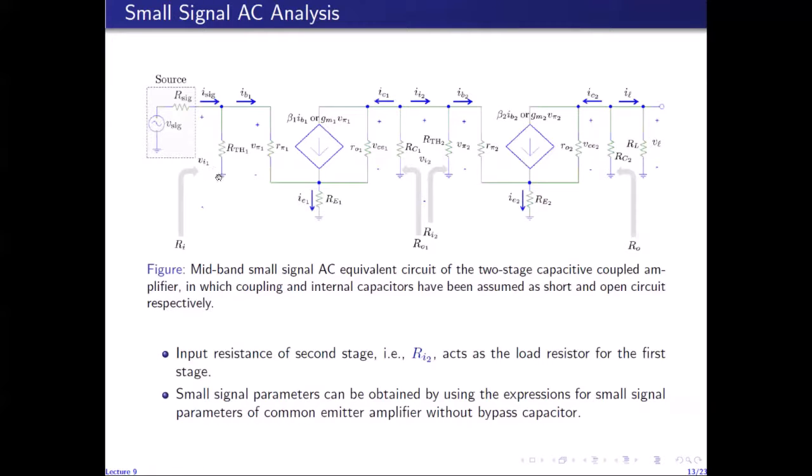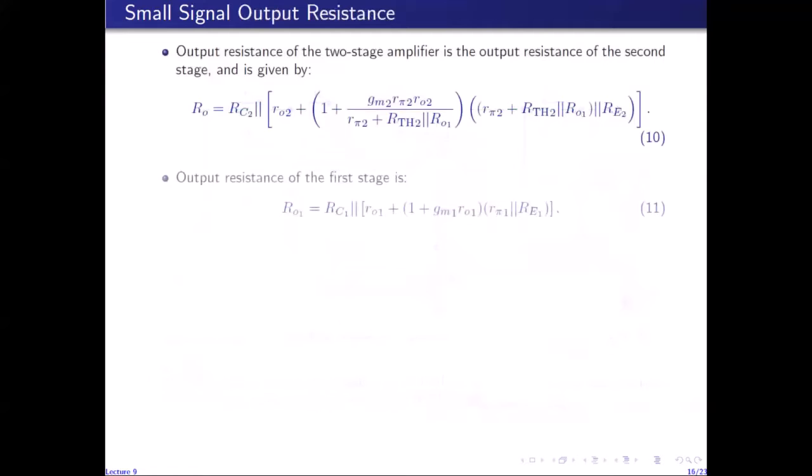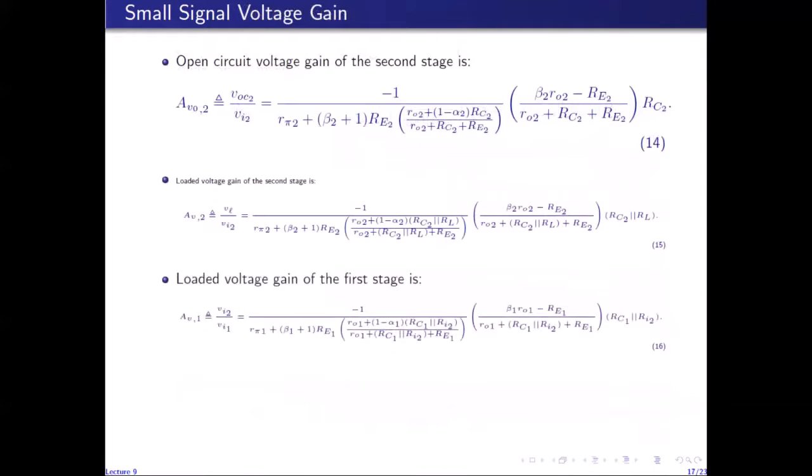So VI2 divided by VI1 is the loaded voltage gain of the first stage. And again, it is given by the same expression as before. The only difference is that instead of RL, we have RI2, because the input resistance of the second stage acts as the load resistor to the first stage. So simply replace RL with RI2 in that expression. This gives us the loaded voltage gain of the first stage.